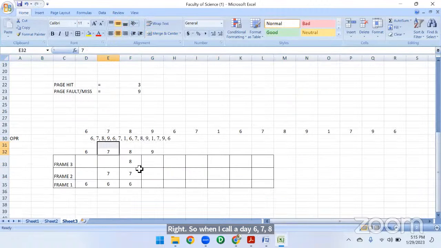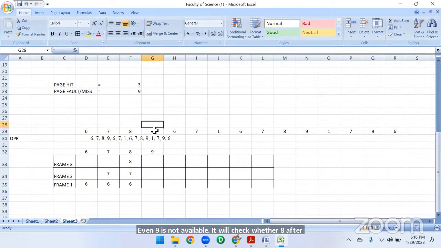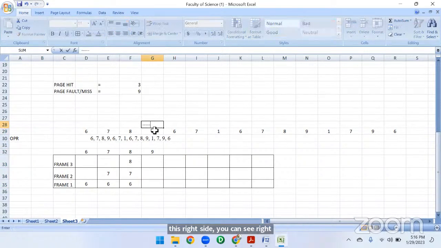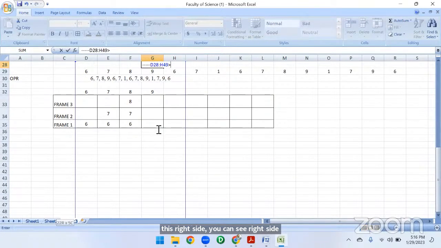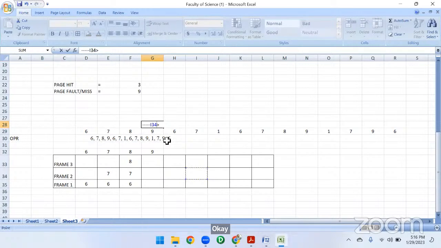So when 9 comes into the memory, what happens? It will check with the memory whether 9 is available or not. If 9 is not available, it will check from here with the right side.